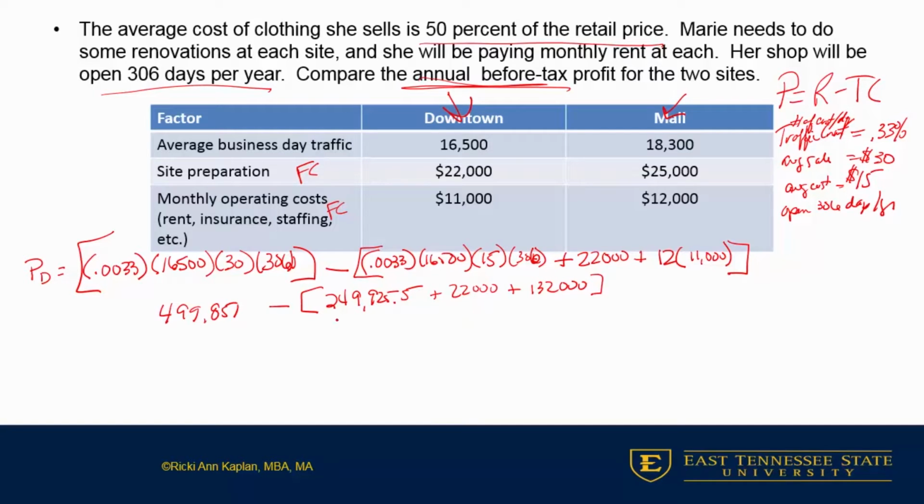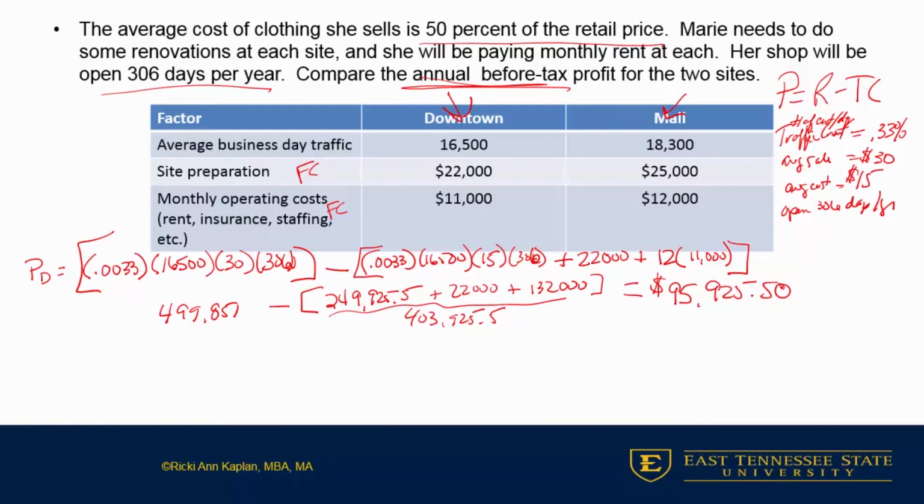Just to do the math for this part right here, 249,925.5 plus 22,000 plus 132,000 is 403,925.5. Subtract that from 499,851, and if I did my math right, we should have $95,925.50 profit before taxes.